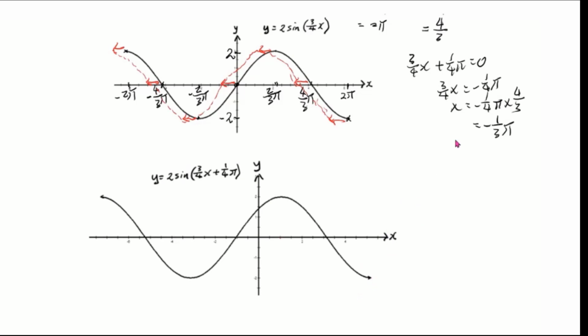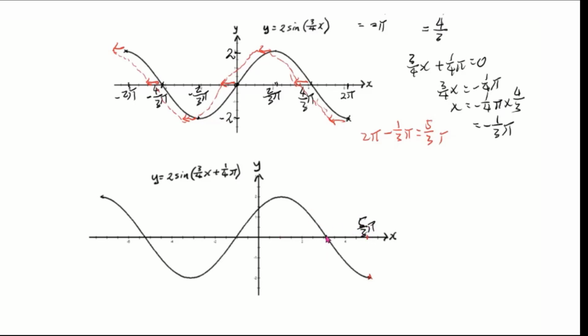Since this is a translation shifted to the left for 1 over 3 pi, all the values of x need to be minus 1 over 3 pi. Now we start from the first point, the minimum point here. Before the translation, x is 2 pi. After the translation, we minus 1 over 3 pi. We will get 5 over 3 pi. So the x here is 5 over 3 pi.